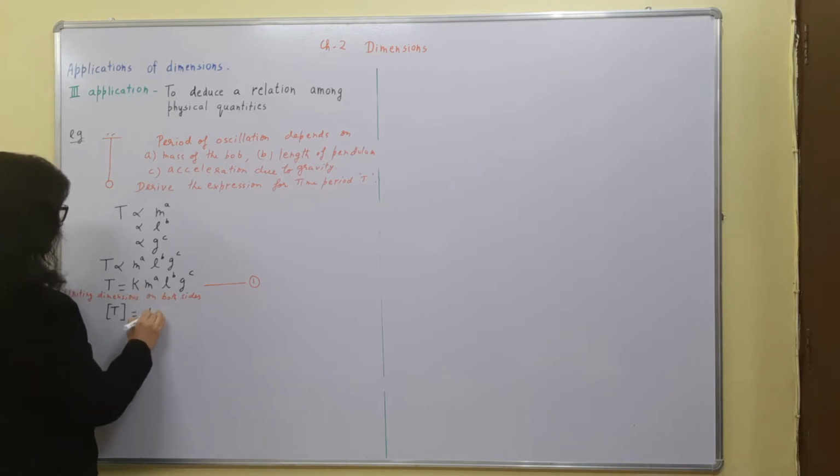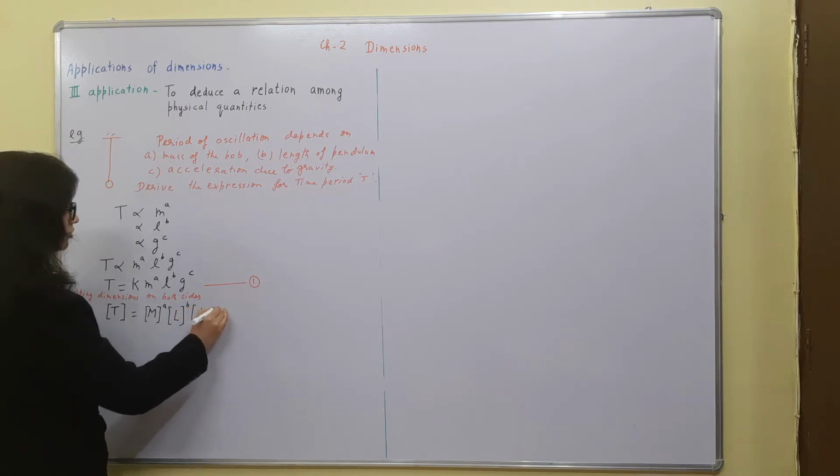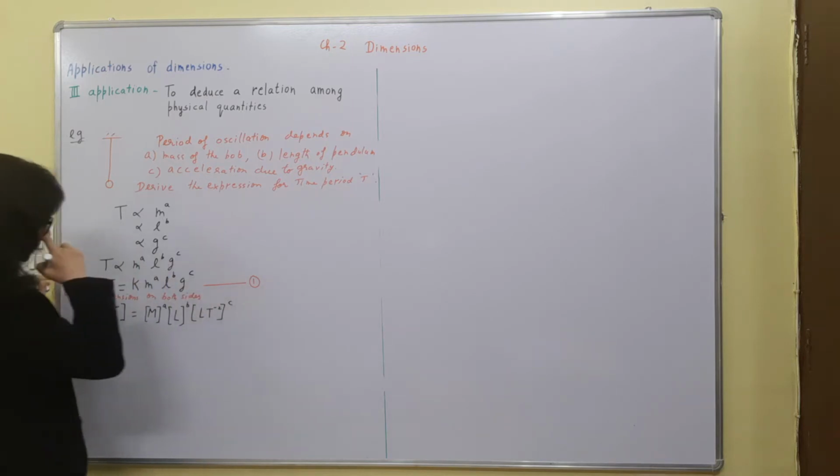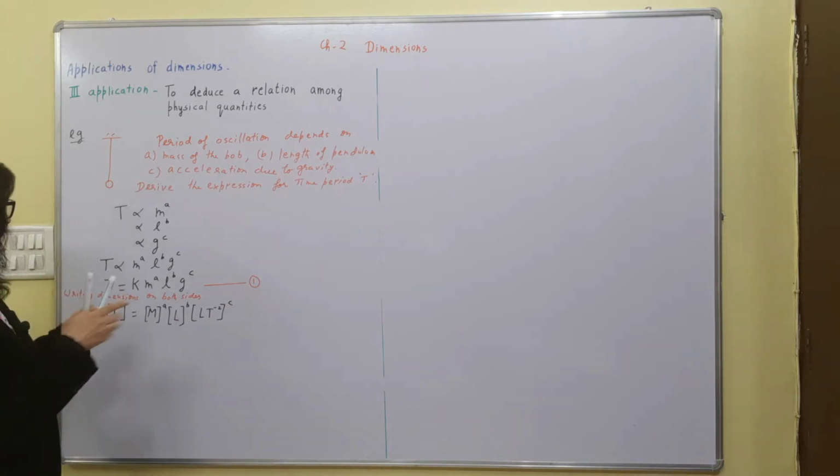And for mass, the dimension is M. For length, the dimension is L. For gravitational acceleration, the dimension is LT to the power minus 2. It is the same as all the accelerations, right? So now what will be the next step?